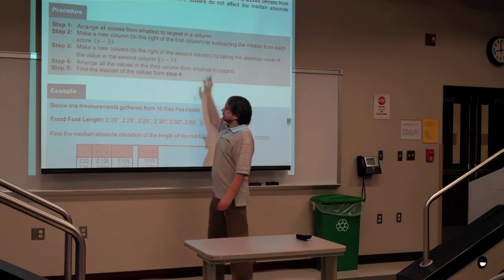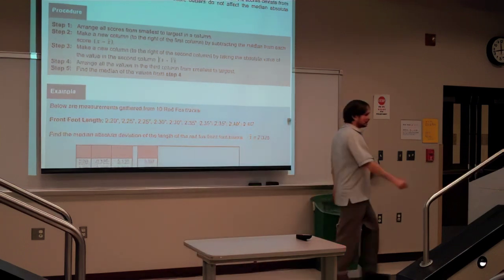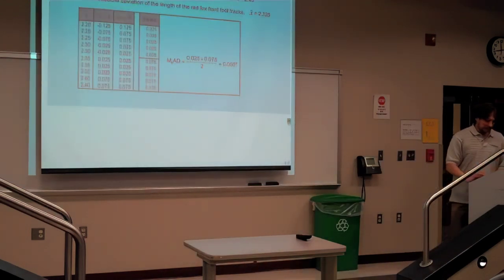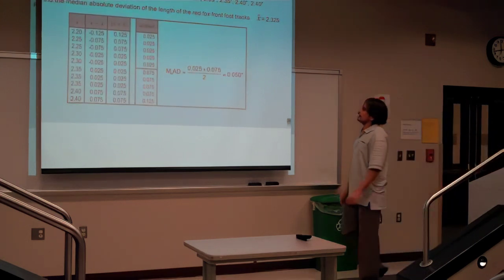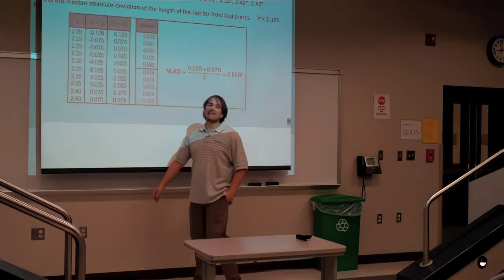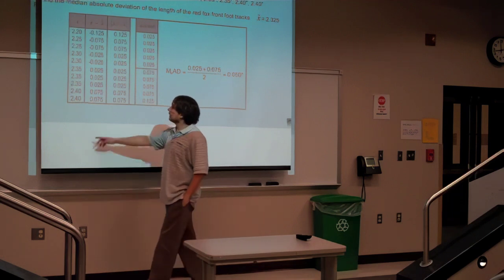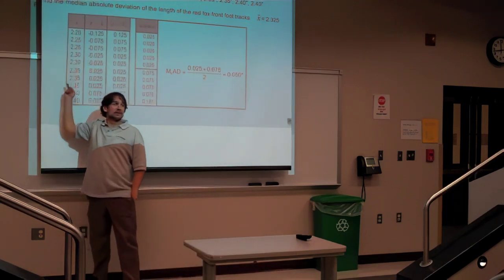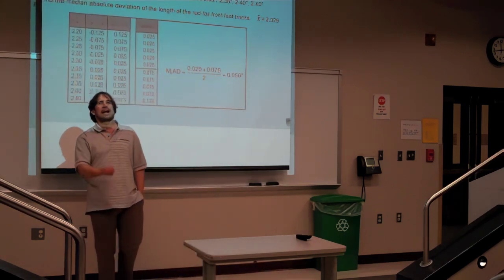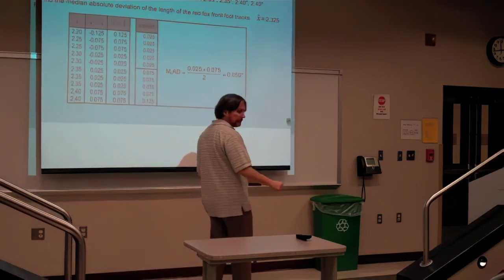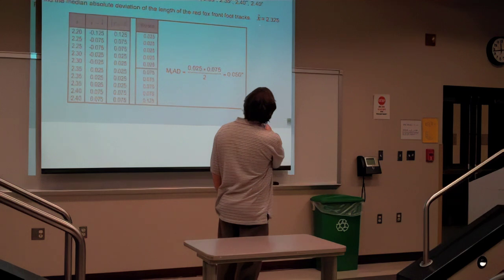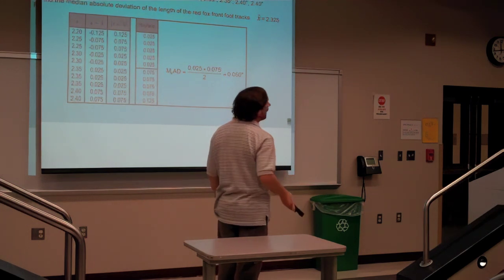So instead of looking at the procedure, let's actually look at the table. So here's the same thing we did before, and we want to figure out what the median absolute deviation is. So I list out all the tracks. This time I subtract the median from them, not the mean. So the median from last class was 2.325.